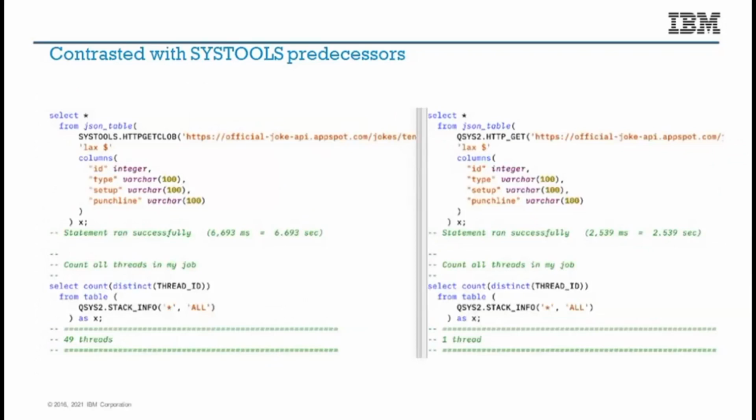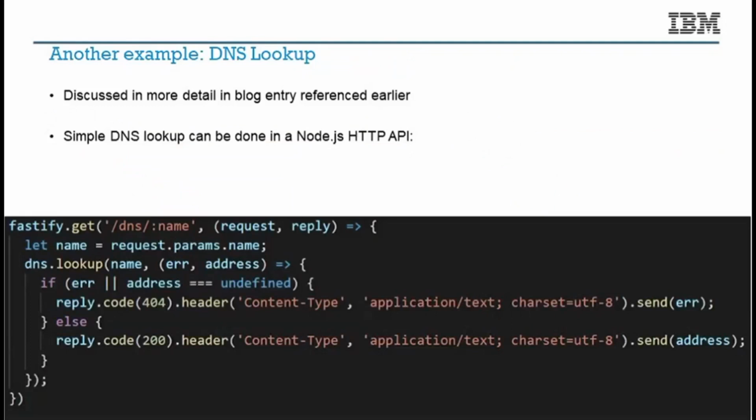Some of you may be familiar with the systools functions like HTTP get clob, for instance, but they also tend to perform better, right? So you can see here we're running in about a third the time using the new HTTP functions. So you can now interact with REST APIs, which is still a very common occurrence in the world of integration, the world of services, hybrid cloud, etc.